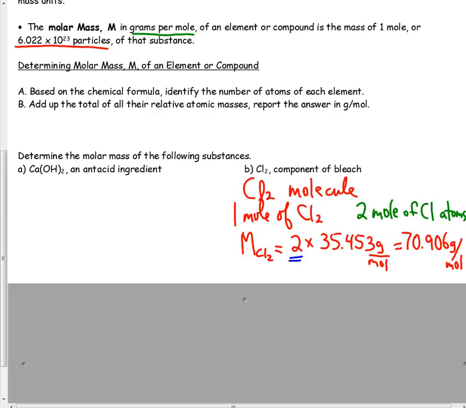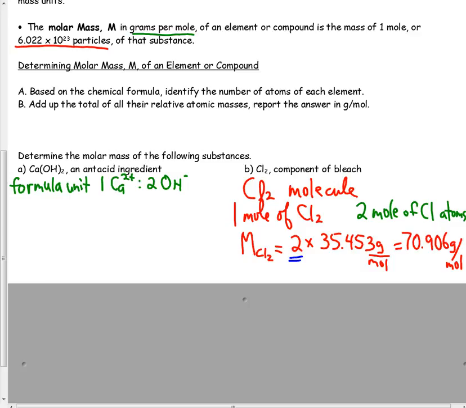Let's look at the molar mass of an ionic compound. Now here, there's no such thing as a molecule of calcium hydroxide, but we do have a formula unit, which means that on a very small scale, we have 1 calcium 2 plus ion for every 2 hydroxide ions.